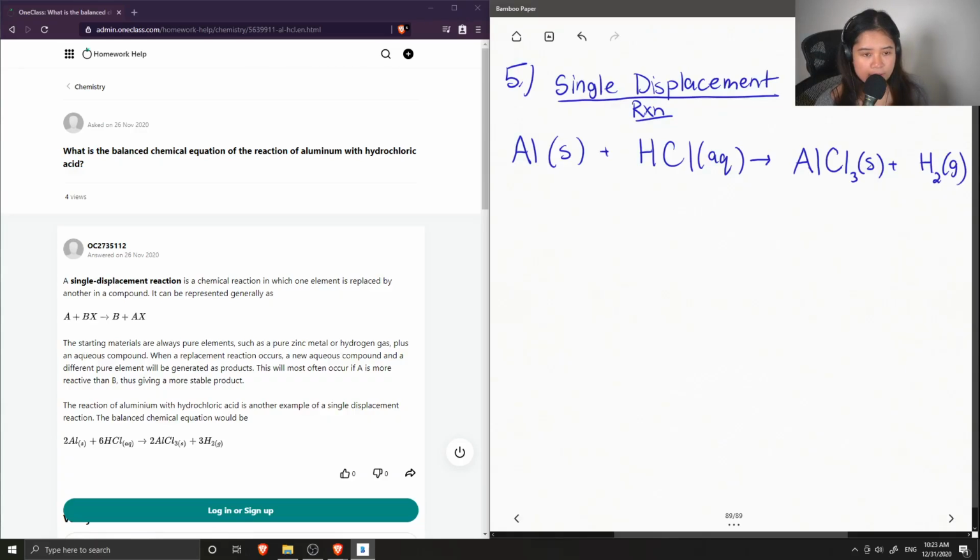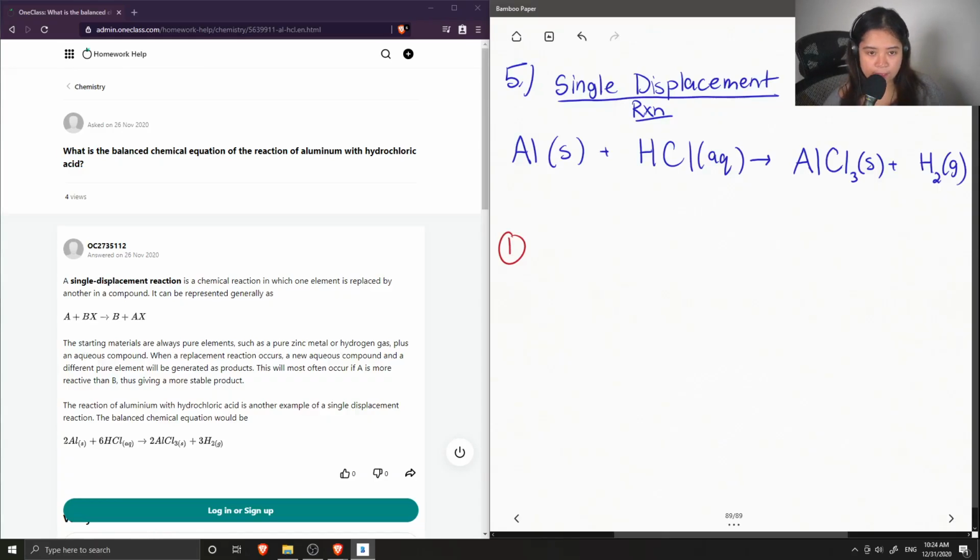Okay, so now let's try to balance out this equation. So I typically like to balance atoms that aren't hydrogen, or oxygen's not here, but I usually balance hydrogens and oxygens last. So let's just look at the other types of atoms.